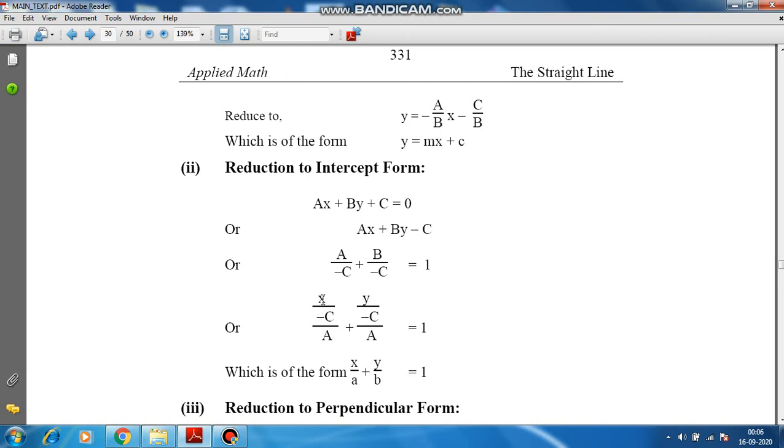So it should be x by minus c by a plus y by minus c by b equal to 1, which is of the form we wanted.